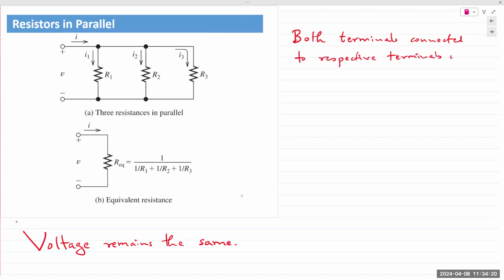Respective terminals of other components or other elements. As with series, you can have infinite number of elements all connected in parallel.